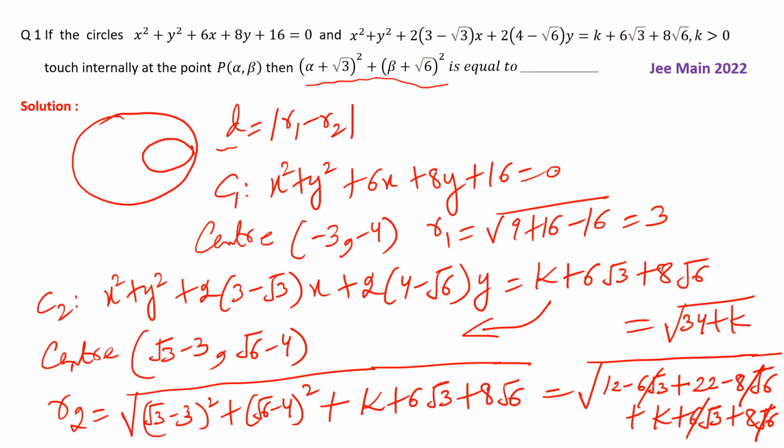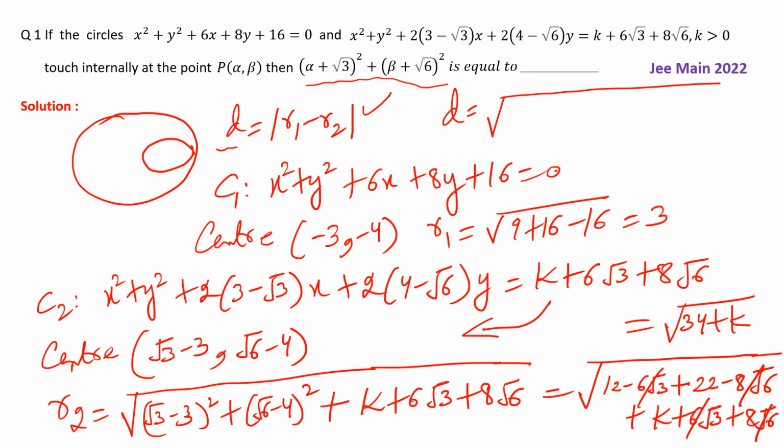Fine. Now to apply this particular condition, one thing more I need, and that is the value of D, the distance between their centers. So I'll be using the distance formula: square root of (x2 minus x1) whole square plus (y2 minus y1) whole square.